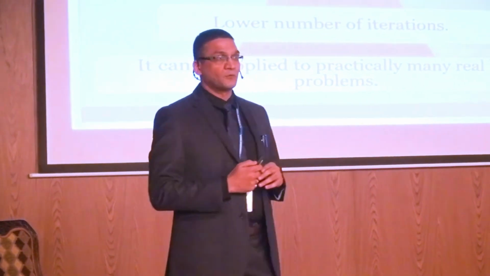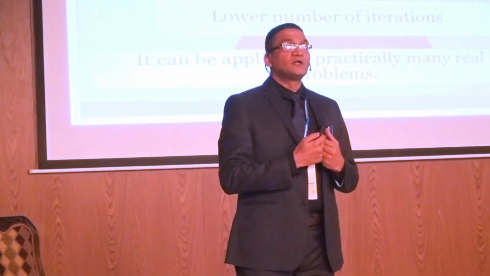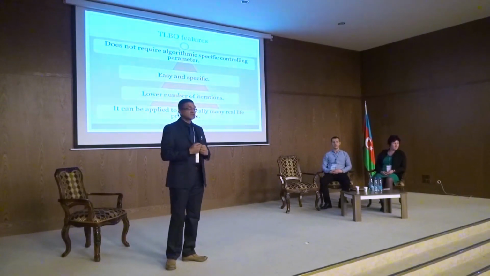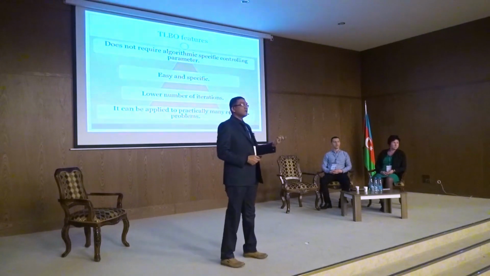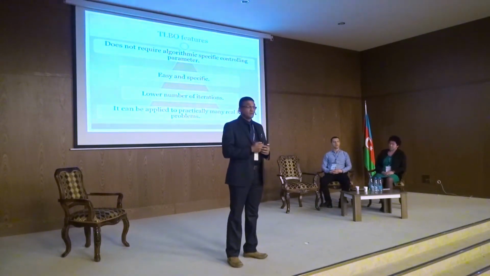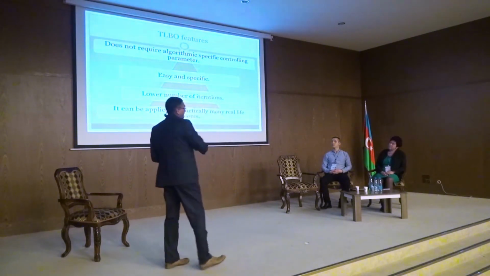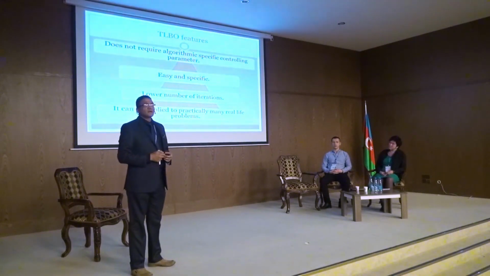This is a very good approach. You can estimate reliability parameters using this. You can use it for decision making in multi-criteria problems. So these are the different areas where you can apply it.